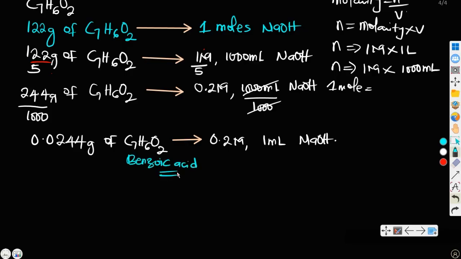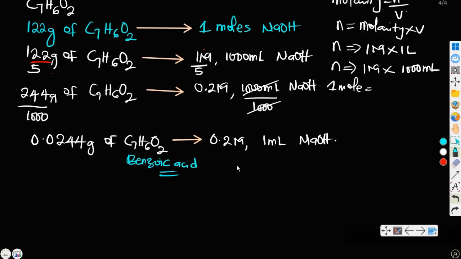Are you getting it now? It's just a common sense idea. For every 1 milliliter of this 0.2 molar sodium hydroxide, which was what was given, this was the amount that reacted. So if you have 1 ml of sodium hydroxide, this is the amount that will react.